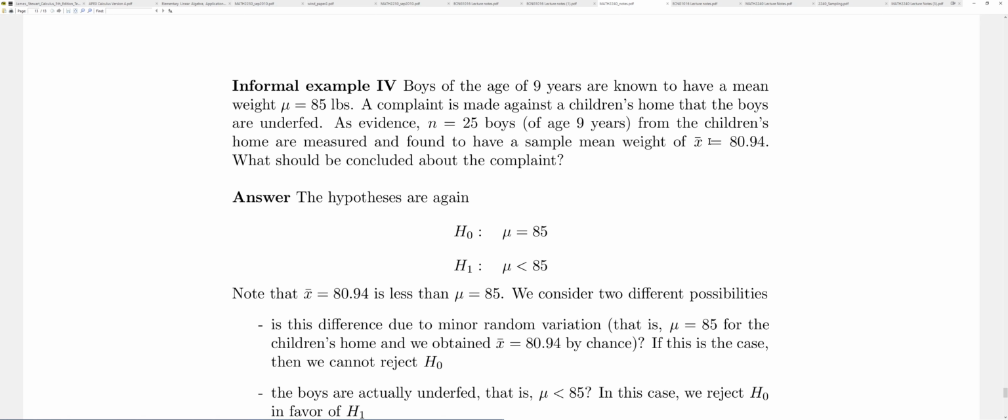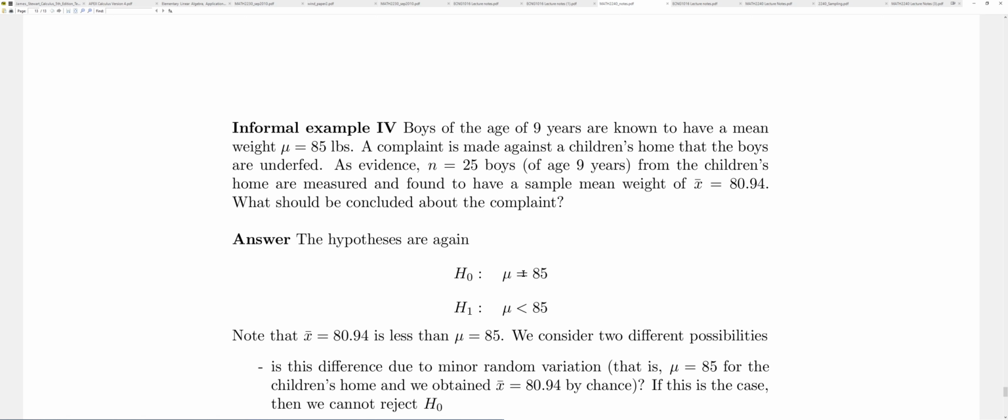There is some difference, and the question that you want to ask yourself is, is that a significant difference? And if it's a significant difference, then what you'll have to do is reject the H0 in favor of the H1.